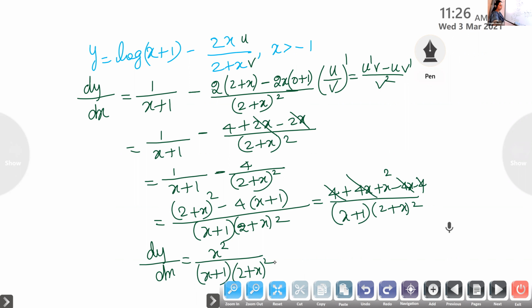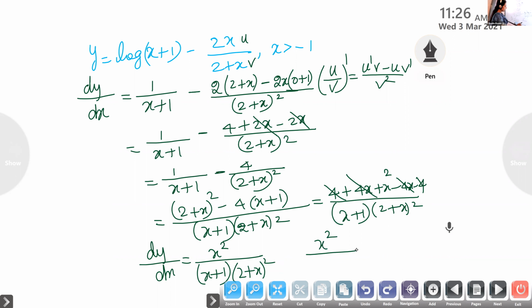Listen, children. Here, x square, when you square a number, surely it will be positive, isn't it? If you take the numerator, is it positive? So x square is positive. Similarly, 2 plus x the whole square is also positive.